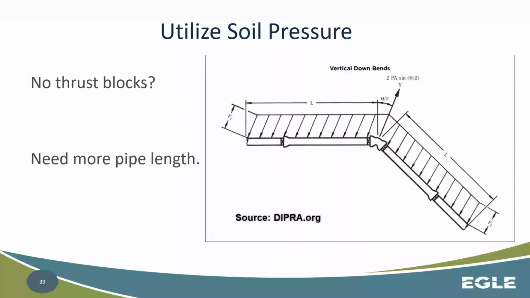So this is another example of an opportunity of what you can do. And this is a common theme here, that there's not necessarily wrong answers to this, but there's multiple different right answers. Okay, so you can come up with different ways to restrain and adequately control these thrust situations. So utilizing that soil pressure, again, having that undisturbed soil.